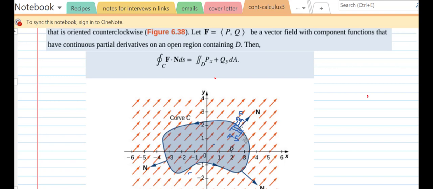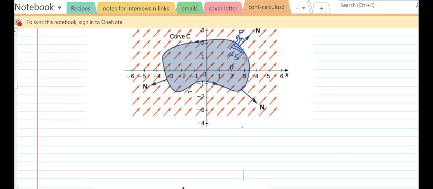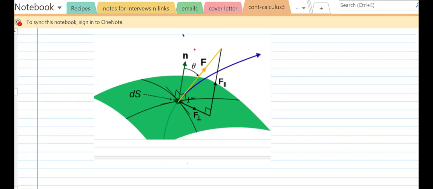If we come to this figure, you will see that I consider ds here, and from this selected space n is the normal, and F is a vector field. So in the direction of n we have to compute the flux, or the fluid coming out from this space. It means we have to measure the volume of fluid that passes across this selected space ds.